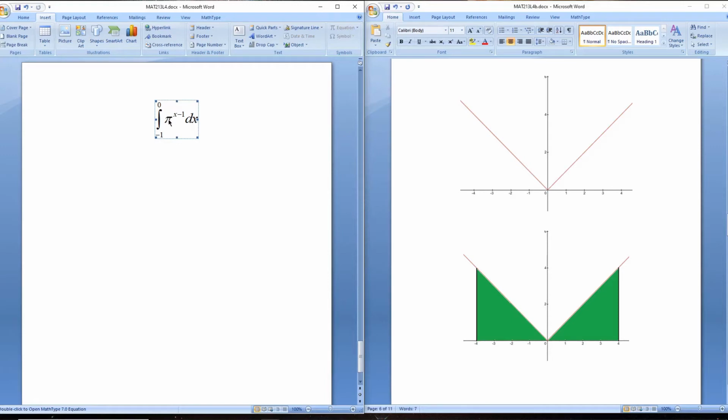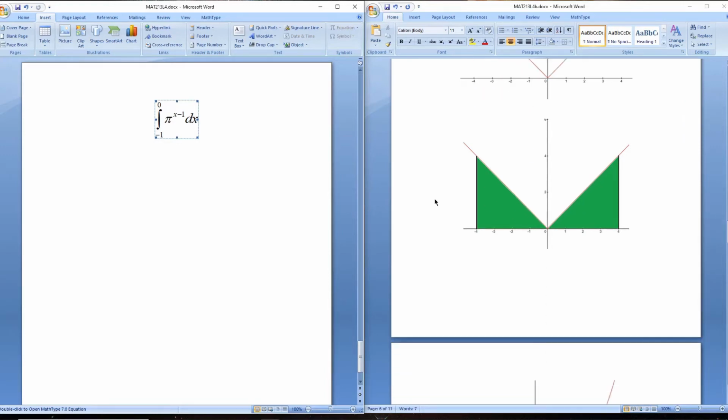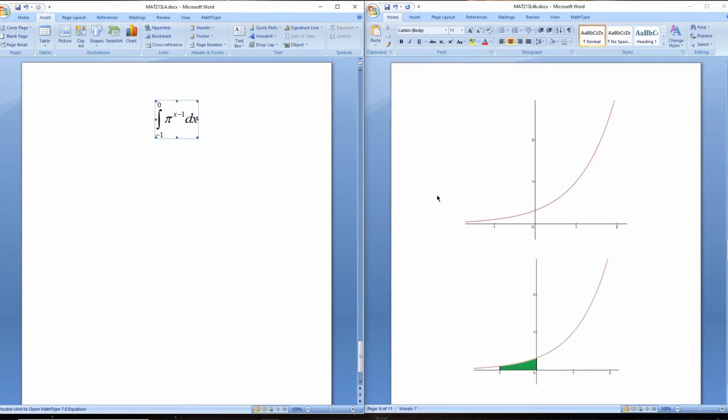So this represents a number raised to an exponent, which is then an exponential function. Here's our exponential function on the right of what pi to a power looks like. And we want to integrate from -1 to 0. And so there's our green area that we're looking for.